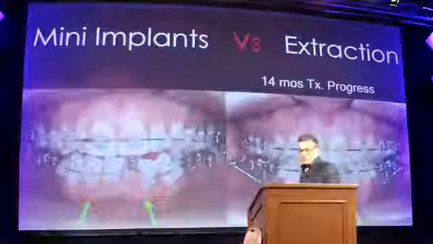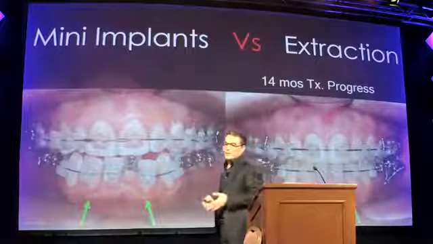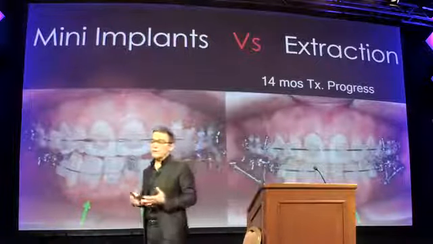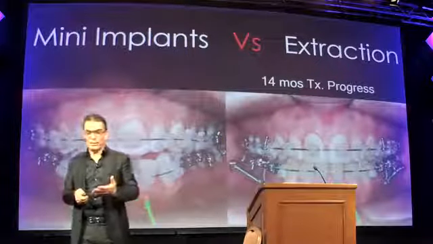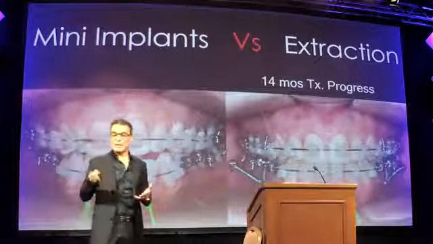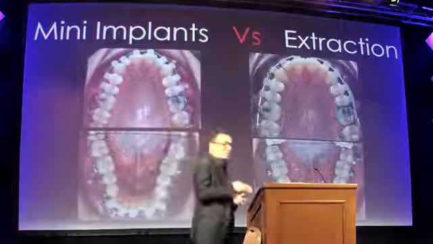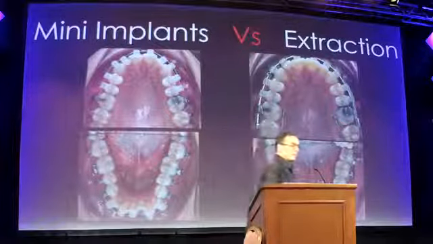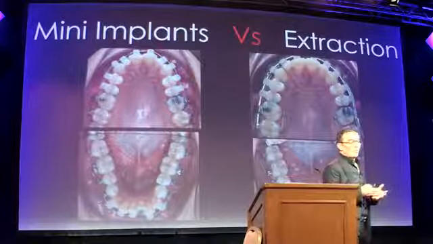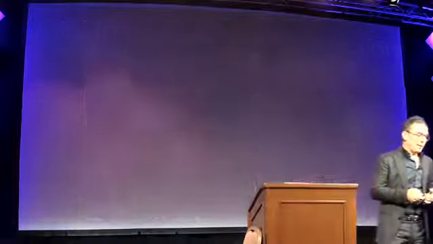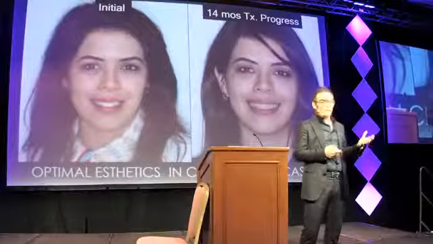For example, to treat more severe proclinations and crowded cases without extractions, with a very nice improvement of the perio and of the facial aesthetics, as you can see here. Look at the change of the smile and of the profile.